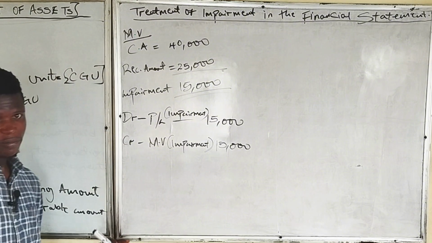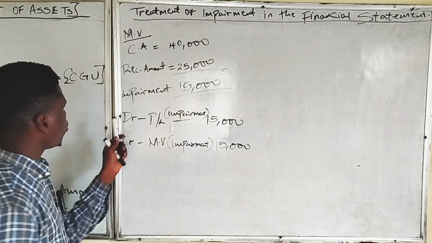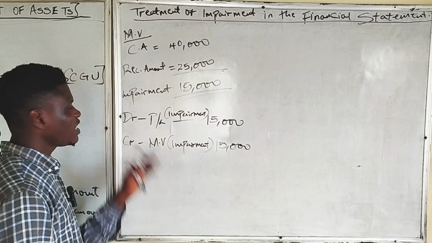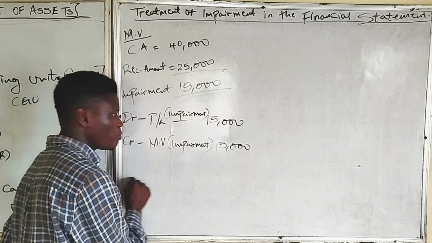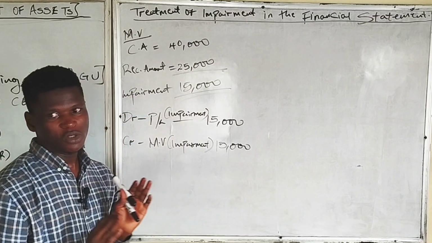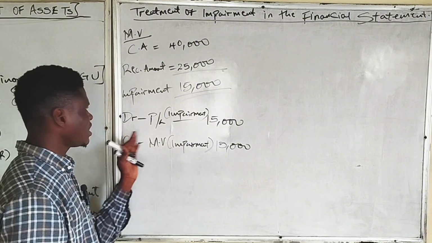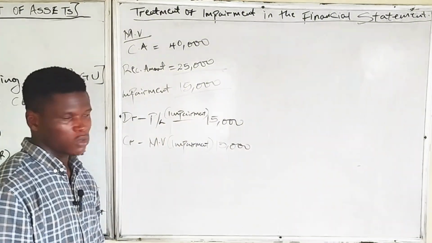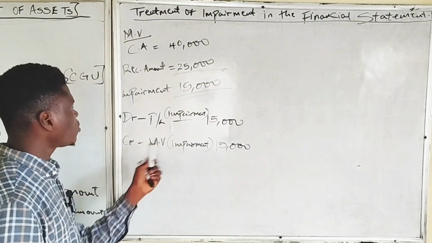So this is one aspect of it. We're debiting profit or loss as a line item. It is going to be shown separately on the face of the statement of profit or loss as an expense, 15,000. So we'll also credit motor vehicle.